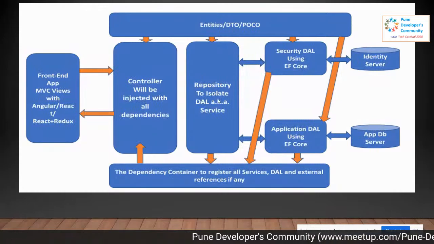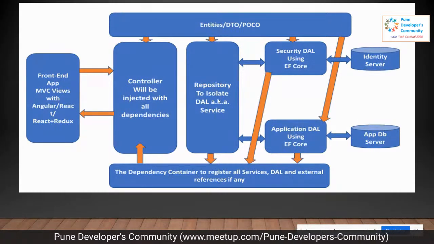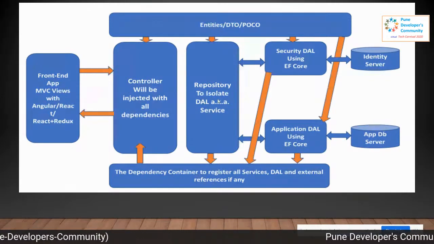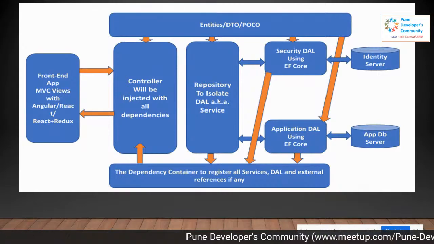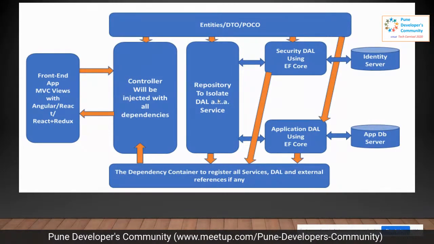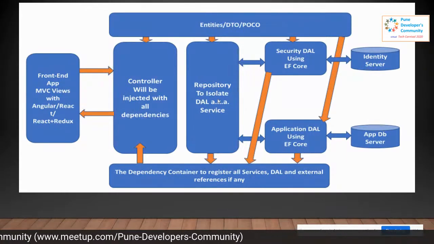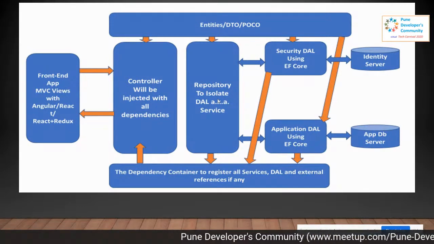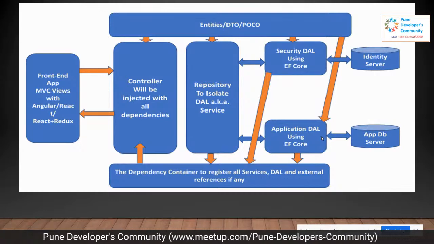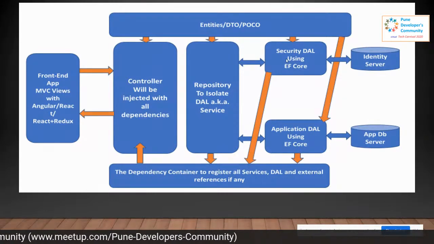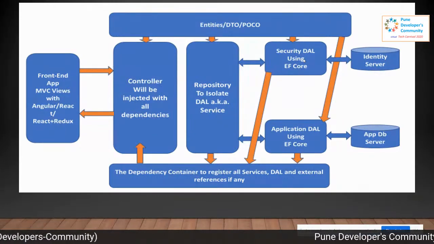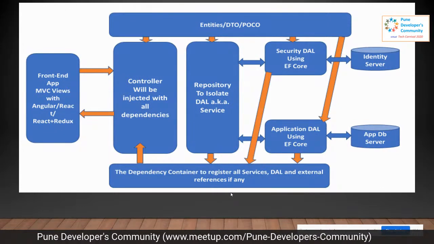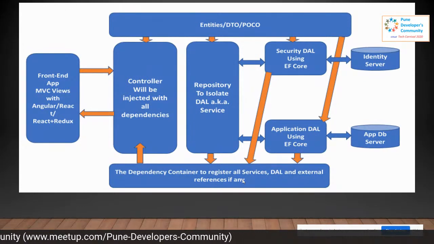Now, for these repository services, technically you can implement the repository design pattern. You can create a repository interface and then work on this. All the data access layers, whether it is the application data access layer or the security data access layer, and also the repository layers, are supposed to be registered into the dependency injection container.